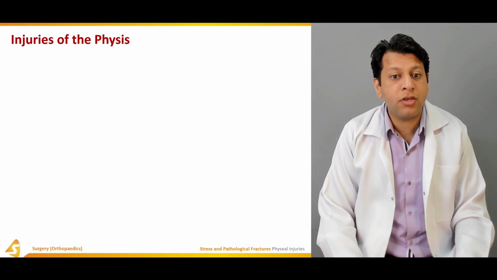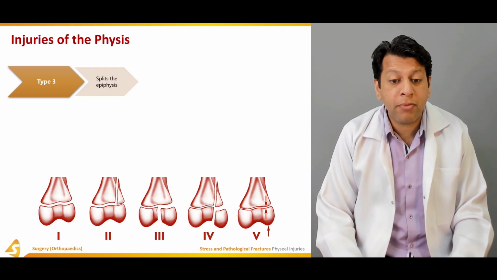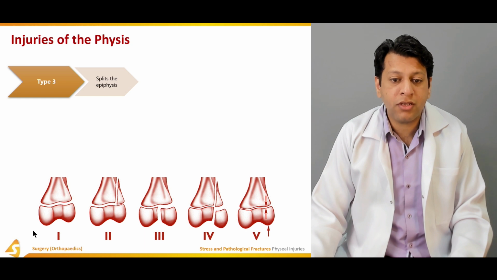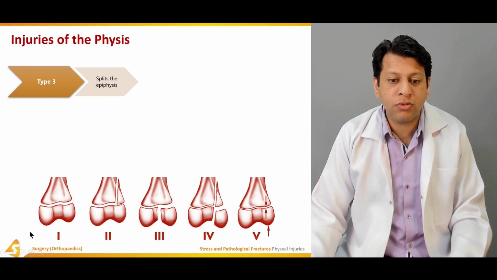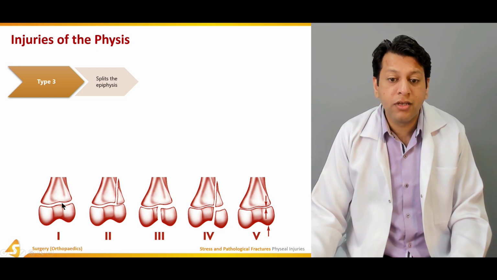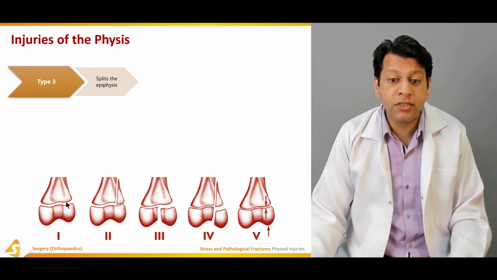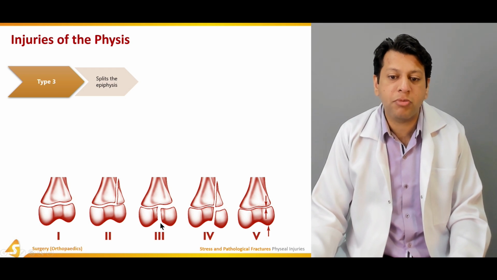Now coming to type 3. Type 3 also splits the epiphysis. Now if you see these diagrams, the fracture going through the surface of the physis is called type 1. From there it splits and goes into the metaphysis, this is called type 2. Instead of going into the metaphysis, it goes into the epiphysis and splits the epiphysis.